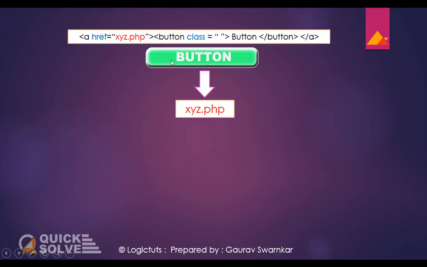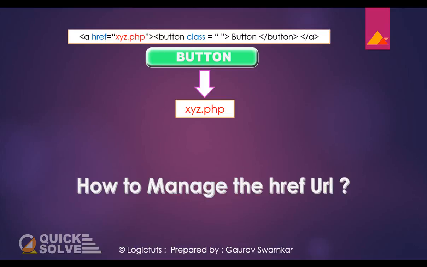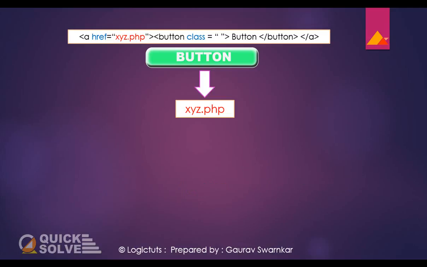The solution may lie in whether we can manage this page, or randomize it by any means, because then we can link this button to different pages. So the main problem is how to manage the href URL. Let's now check what the possibilities are.